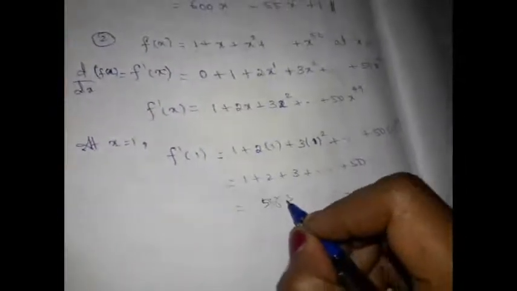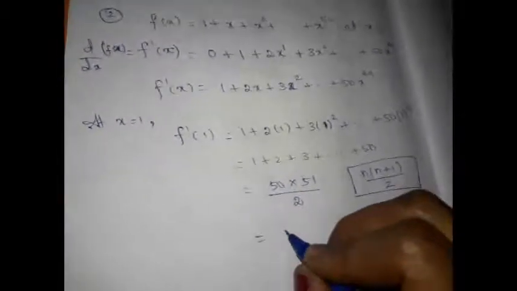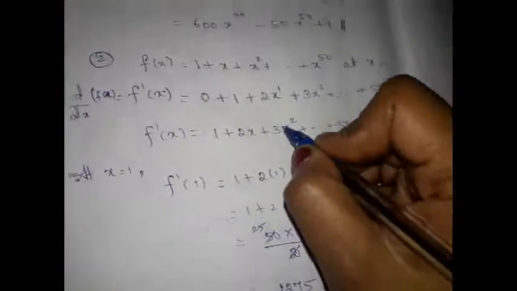N into n plus 1 by 2. So 50 into 51 divided by 2. Alright. So which is nothing but 1275. Right. 25 into 51 is 1275. Hope you got it. This is again the mere application of the theorem we have learnt.